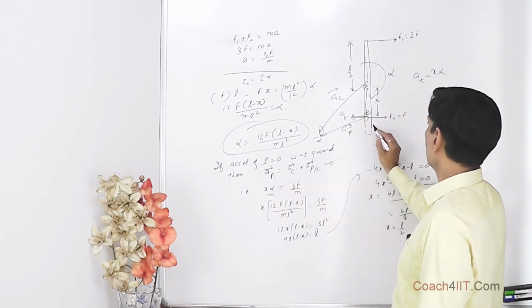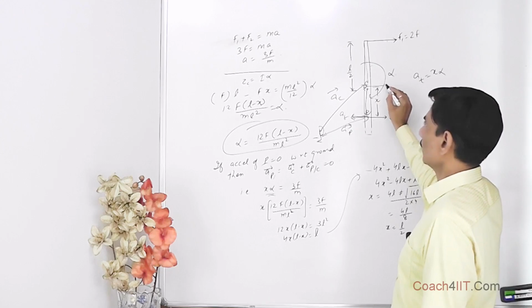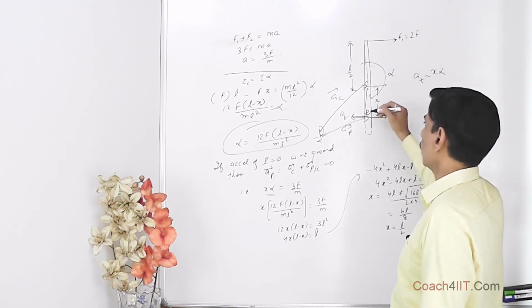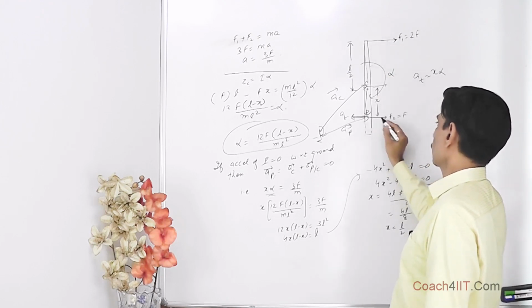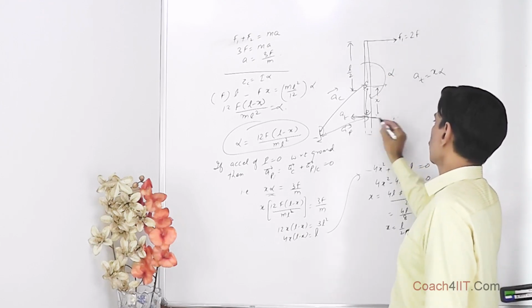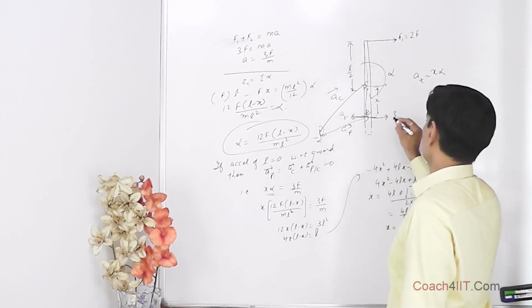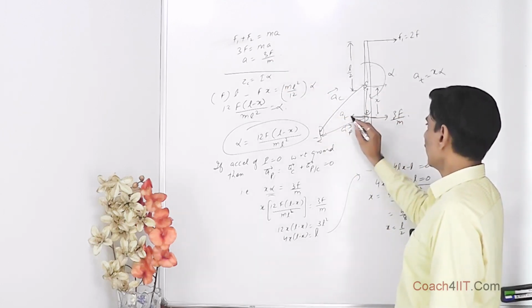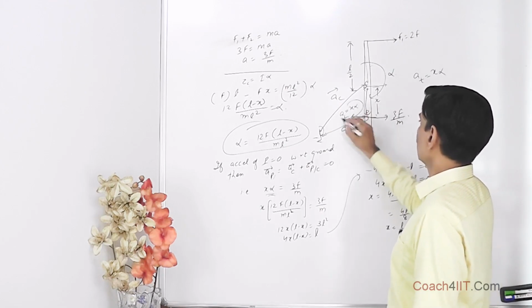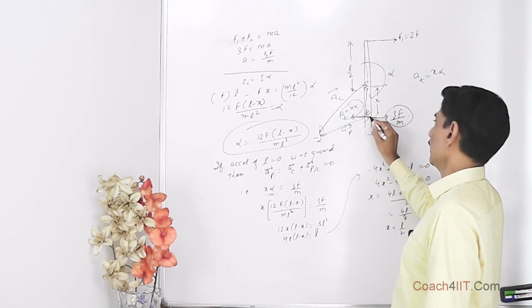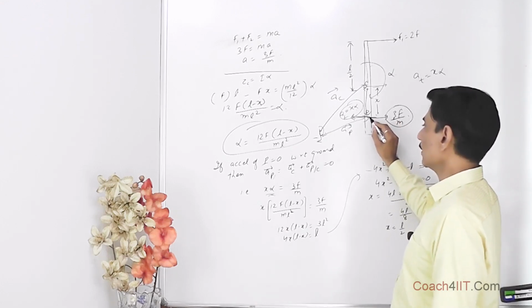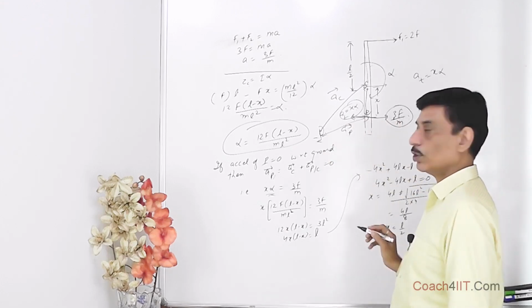This should be equal to the acceleration of the center of mass, which is added vectorially on all the points on the rod, that is 3F by m, the acceleration which we have got earlier. So AT equal to x alpha should be equal to this. If this is equal to this, then the net acceleration of point P as seen from the ground will become equal to 0.